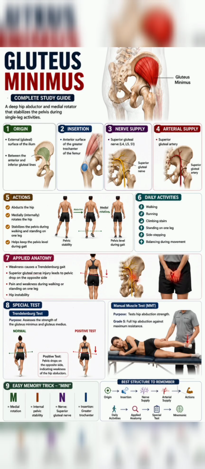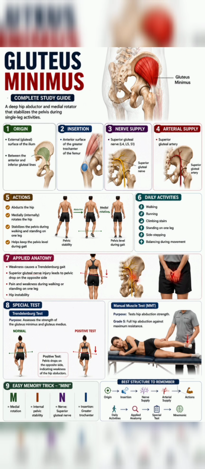Then daily activities, it helps while walking, running, or standing on one leg and side stepping and balancing during movement. Then applied aspect, we studied that weakness in this muscle may cause Trendelenburg gait. Then superior gluteal nerve injury, then pain and weakness, and hip instability because of weakness in this muscle.